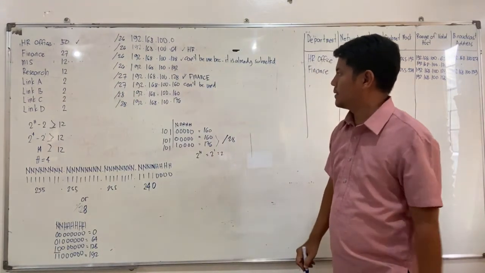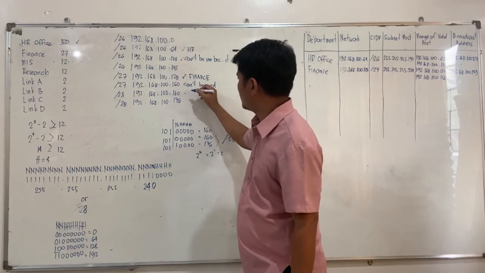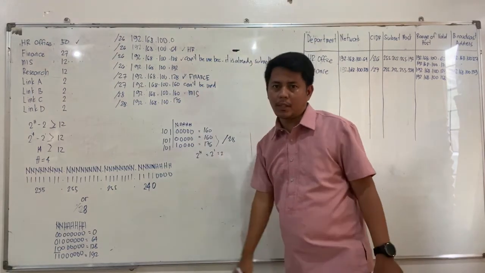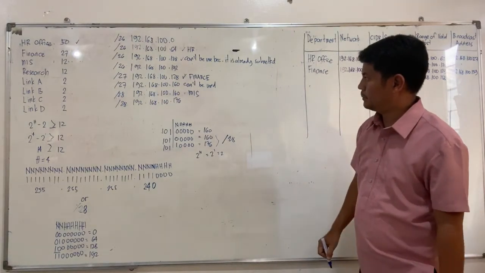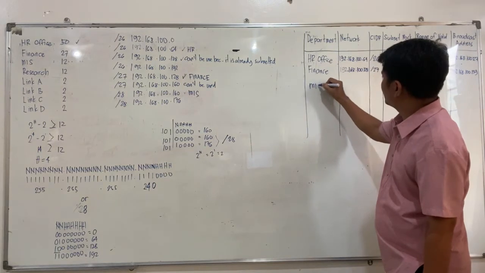Okay, 160. We can assign this now to our MIS department. So this is for MIS.